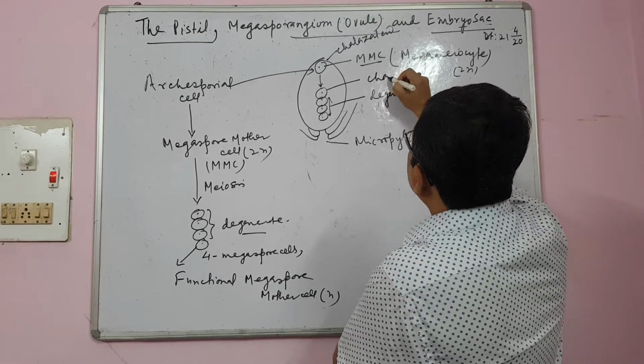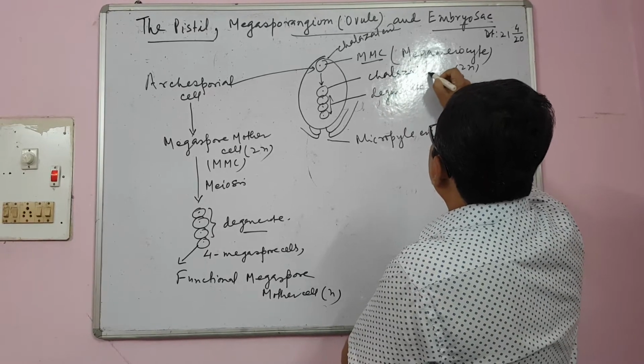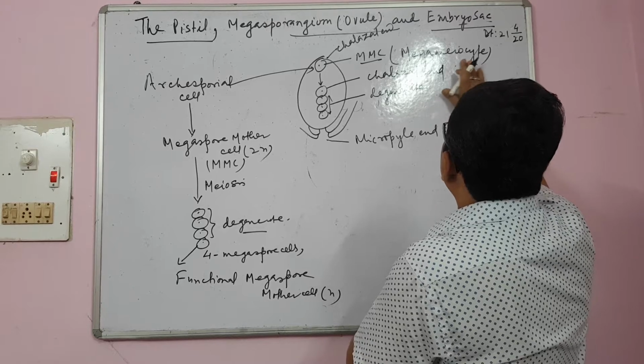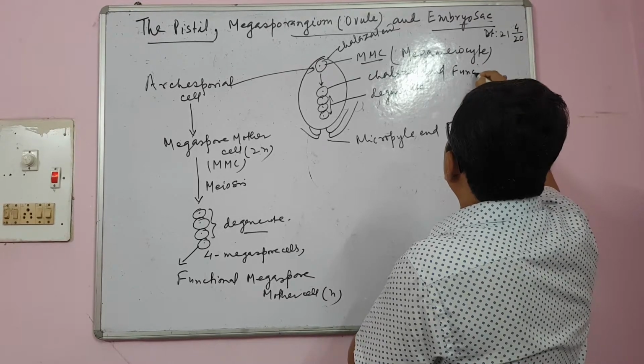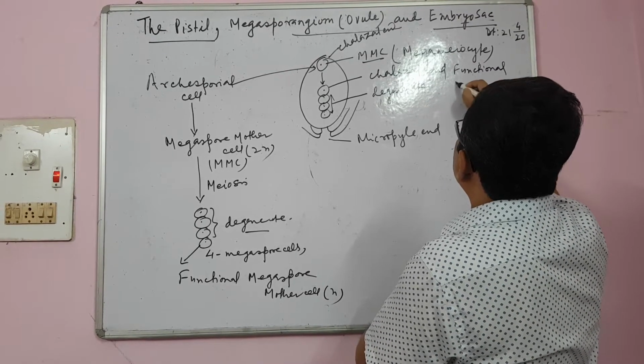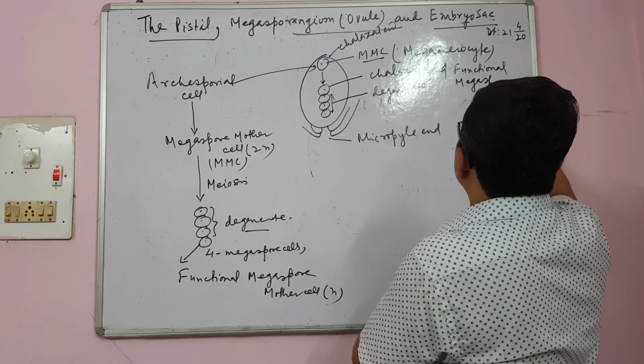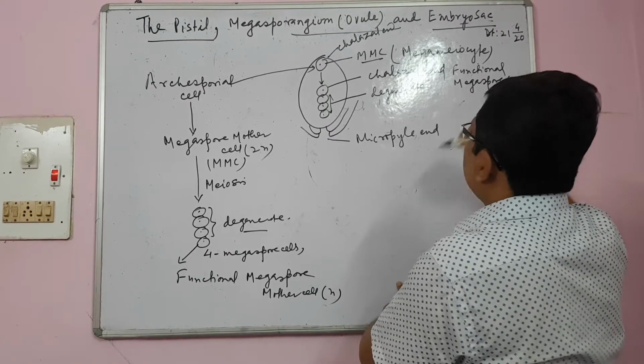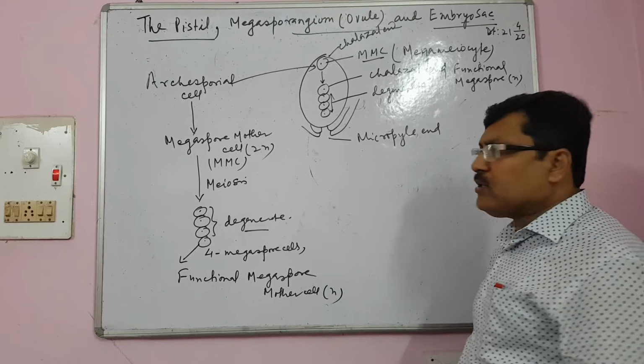This is the chalazal end, and this is the functional megaspore, which is haploid. Okay?